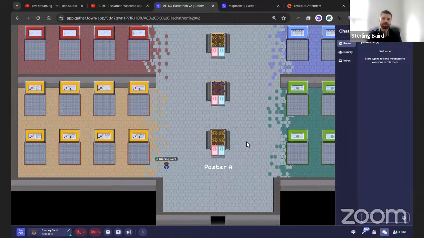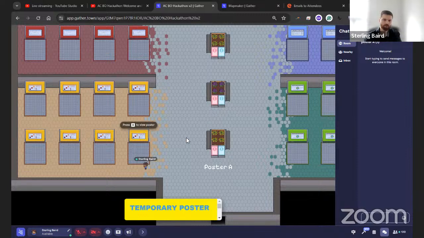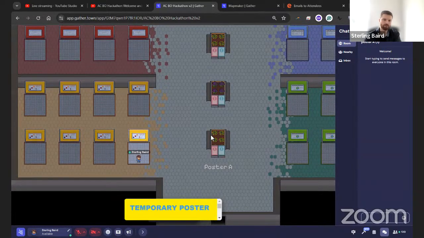But for the project showcase, what you put on here is fairly open in terms of what you want to present. When you walk up to one of these posters during the poster session, you'll see a brief preview, and then inside of this box, you'll get another one of those private spaces.